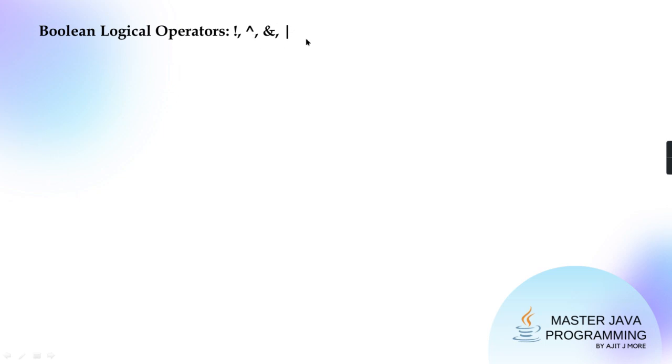Common sense. Now we are talking about these operators in the Boolean logical context, meaning the operands are going to be Boolean. But can these operators be applied on integers also? Yes. But if applied on integers, they will act as bitwise operators.